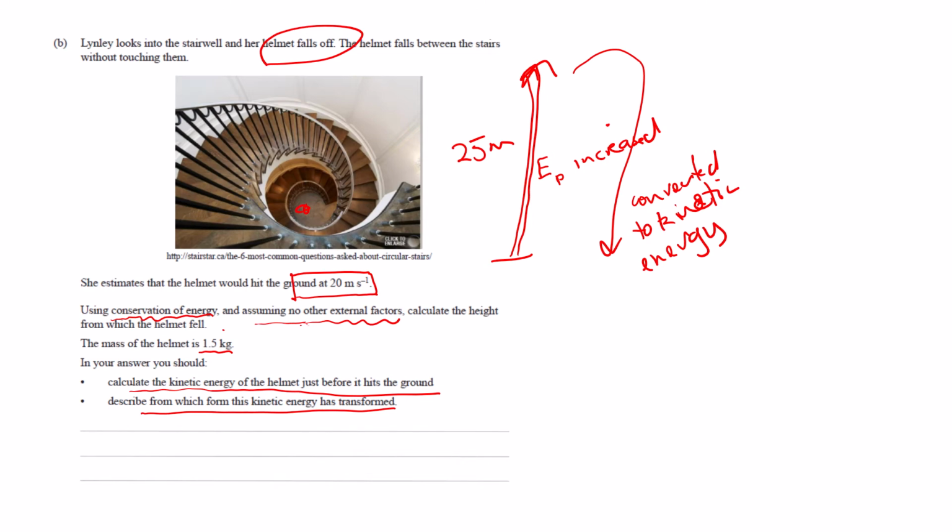So we can say that conservation of energy, we can say that the gravitational potential energy, and I'll write EP grav, is equal to the kinetic energy of the helmet as it fell.